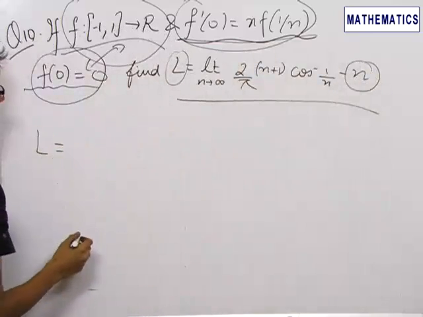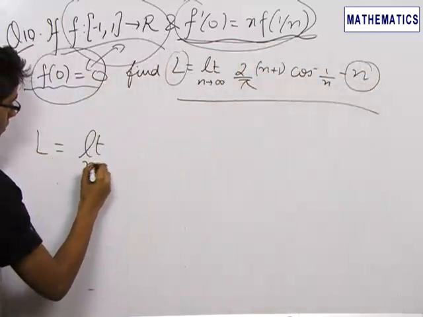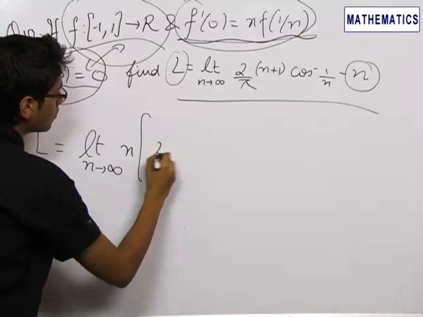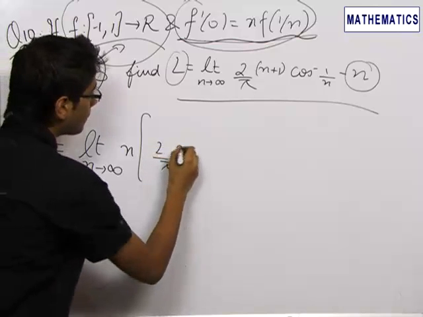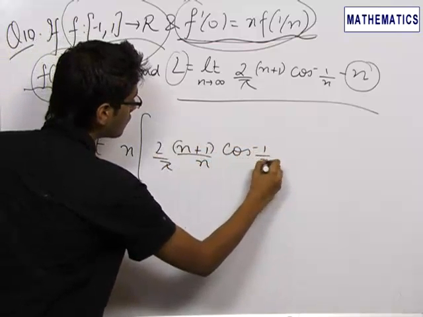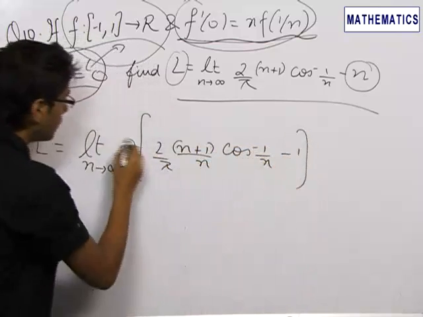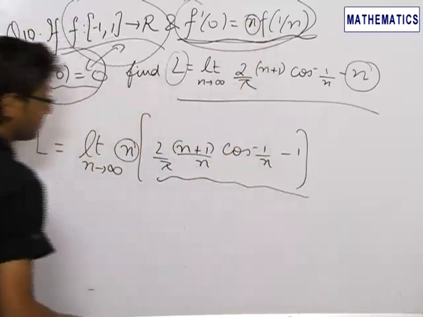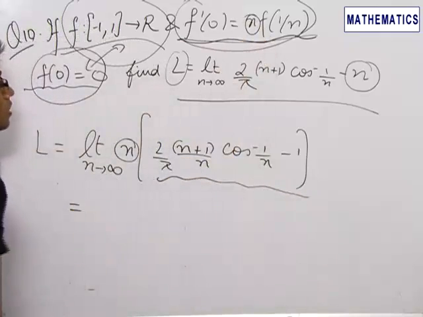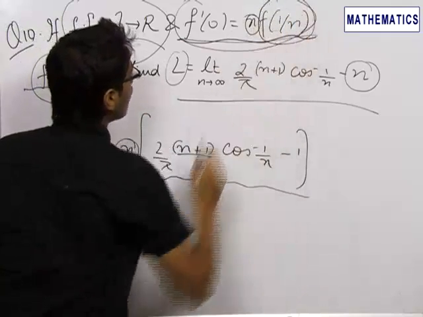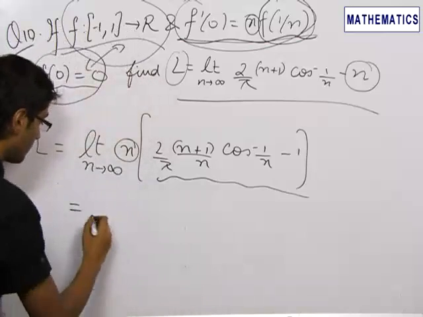Now what we do is, we take this n common. We get limit L is equal to limit n tending to infinity n into (2/π)((n+1)/n) cos⁻¹(1/n) − 1. We did this so as to generate an n outside this expression. Now the next step which we require is to generate a function of the form f(1/n).